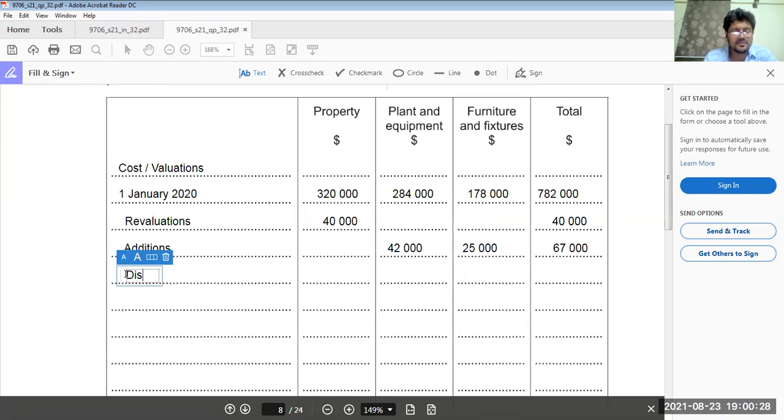Now see, disposals. Disposal, plant and equipment. That was 35,000.